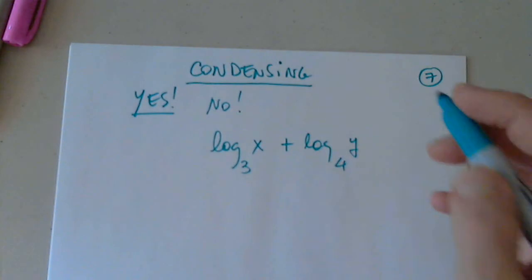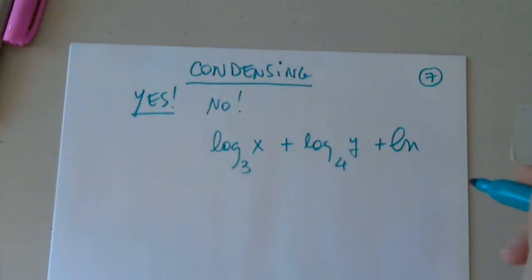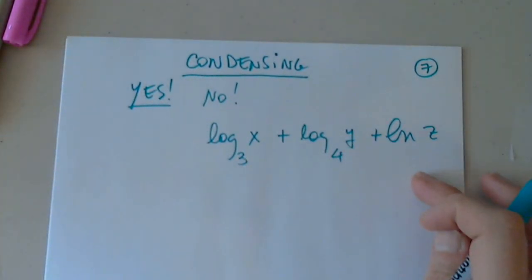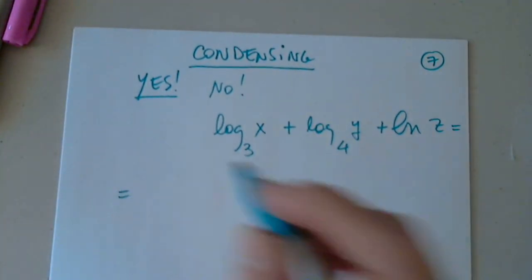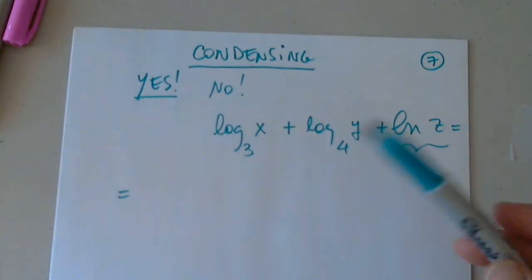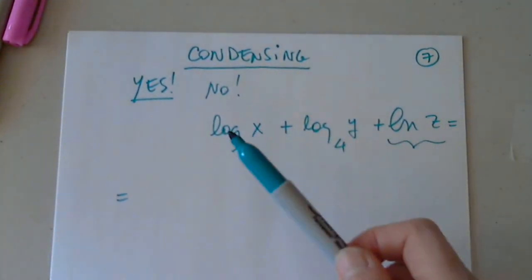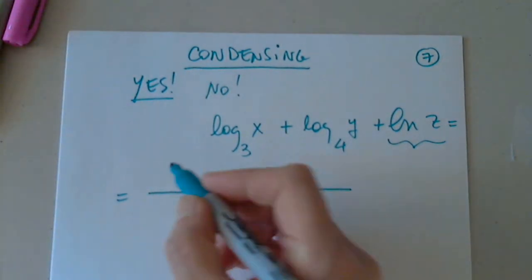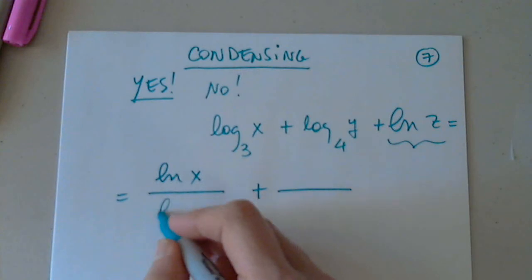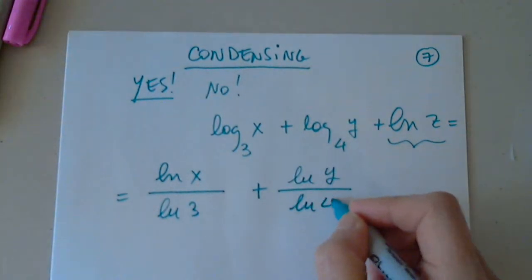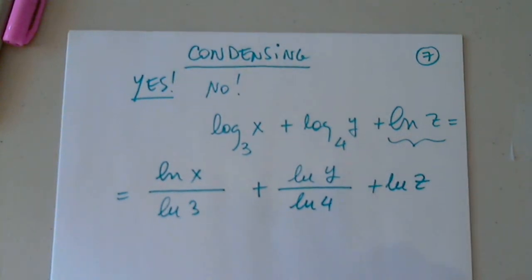I meant like if you have ln and log. Good. And ln z. Is this okay? Yes. Okay. These are 3 different bases. I will change, since we want to keep natural log because natural log is in the calculator, I will keep natural log, but I will change these into their corresponding ratios. ln x over ln 3, ln y over ln 4, plus ln z.